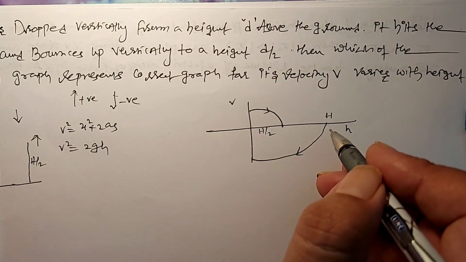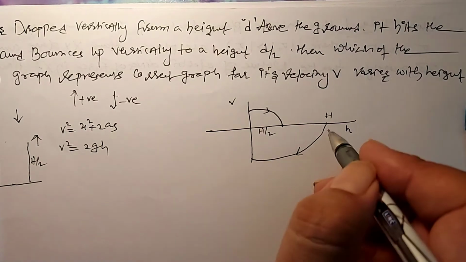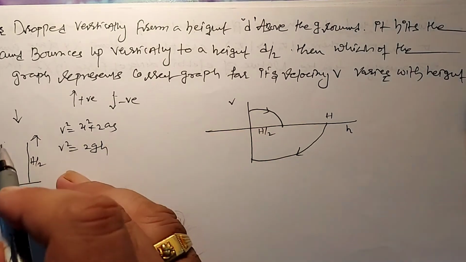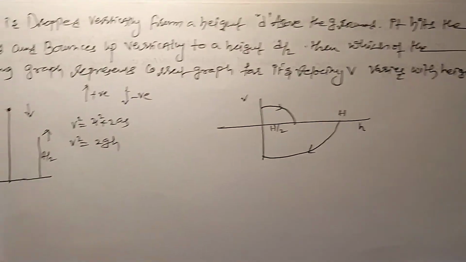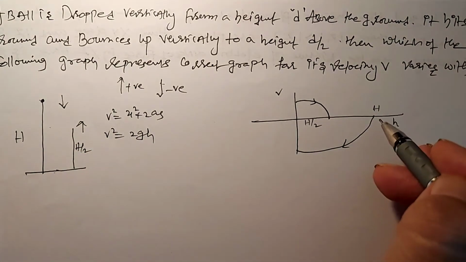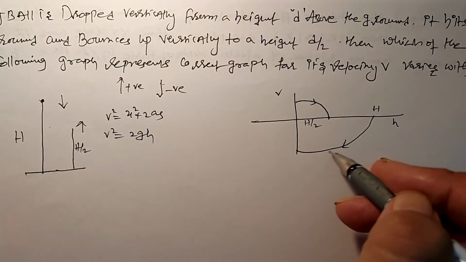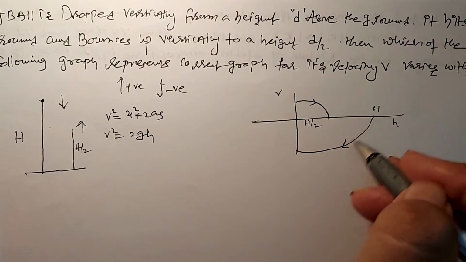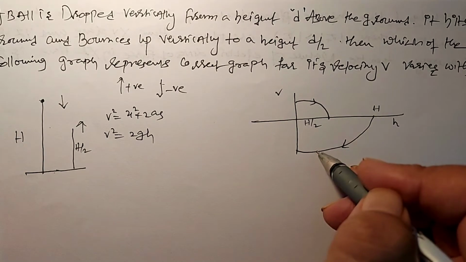Here, whenever the body falls from height h, the height decreases and the velocity increases in the negative direction.